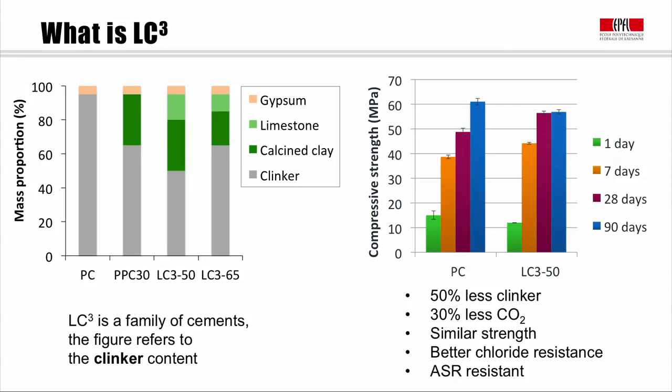The figure in this case refers to the clinker content. So here we see on the left the composition of ordinary Portland cement, where we have about 95% clinker and 5% addition of calcium sulfate or gypsum.